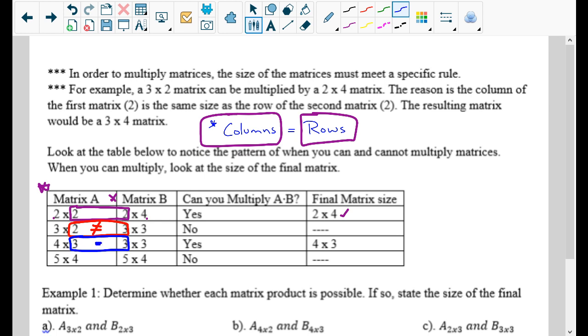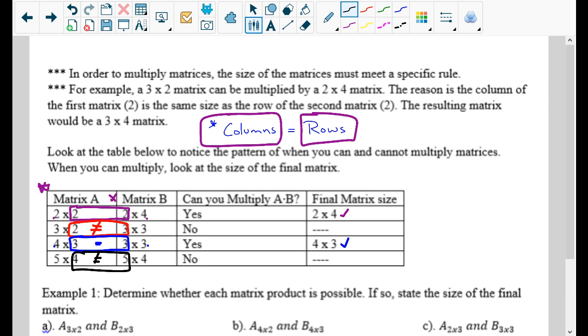These are equal, so we're good. So my resulting matrix is a 4 by 3. And then the last one, we have a 5 by 4 and a 5 by 4. These are not equal here in the middle, so we cannot multiply these matrices.